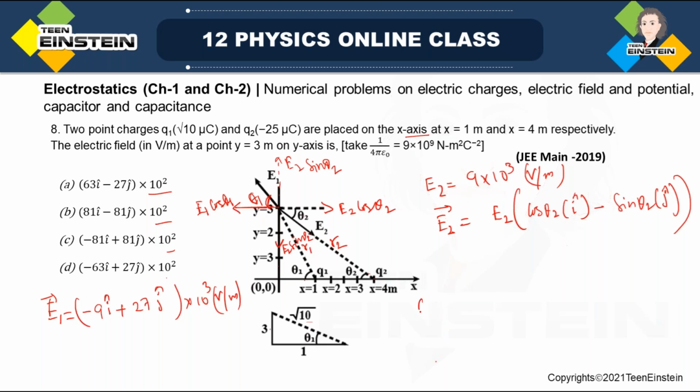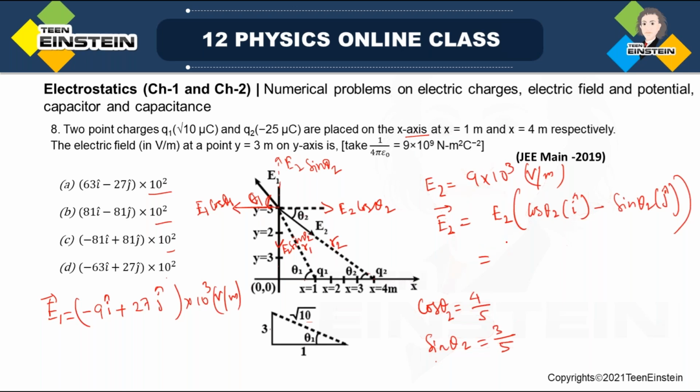See, cos theta will be base by hypotenuse. So hypotenuse is here 5, and sine theta will be perpendicular, that is 3 by hypotenuse. Okay, so hypotenuse is 5.